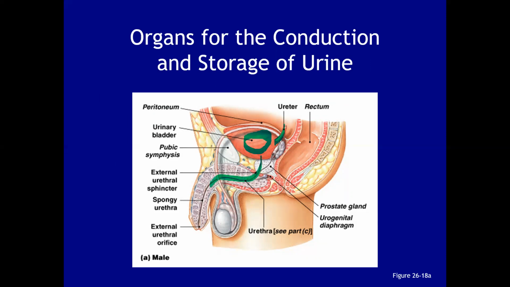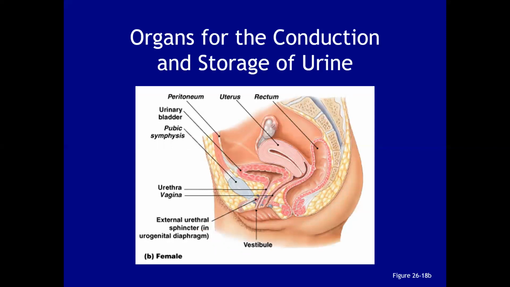This is the urethra, and we'll talk more about that in a minute. Because this is a male, let me point out the prostate gland. Things are a bit different in a male. Also note that your bladder is between the pubic symphysis and the rectum.